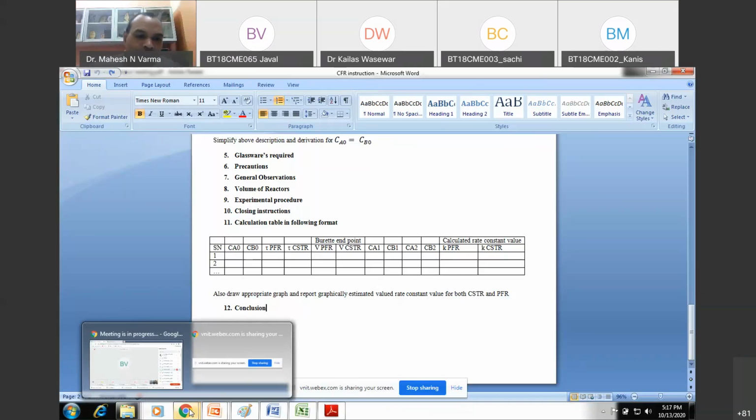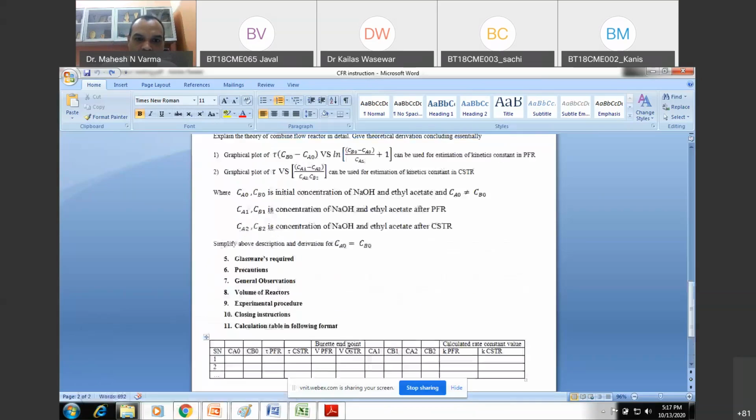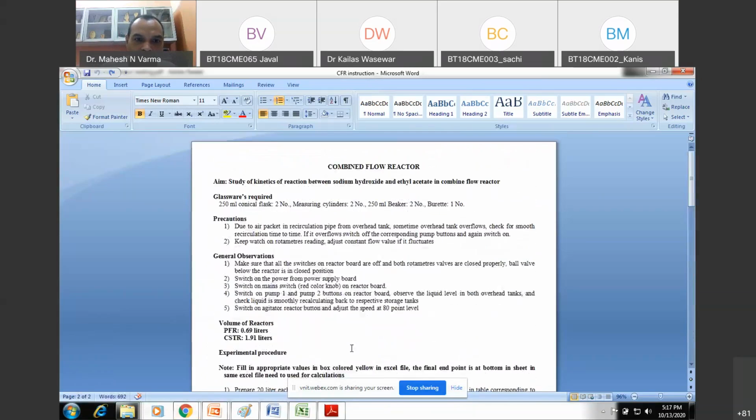Now this is what I wanted to share about this CRE lab: the general instructions, these 3 files, and how to use them. Most of the experimental procedure for the kinetics experiments for cascade CSTR, isothermal CSTR, isothermal PFR, and this combined flow reactor is exactly similar.